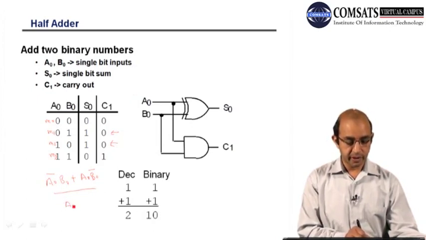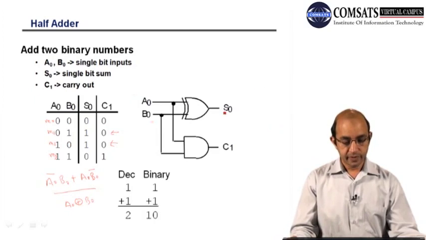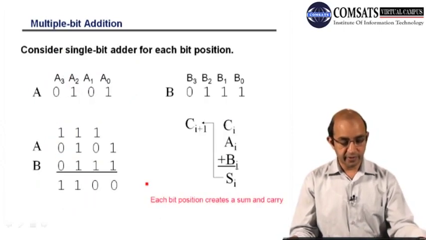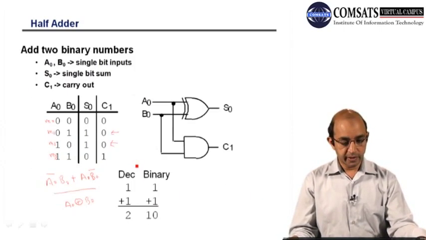So I can say A0 XORed with B0. So this is the sum. Here you can see we have an XOR gate. And for the carry we have a 1 here, so A0 dot B0. So this is the half adder, but the problem here is that it can add only 2 bits.